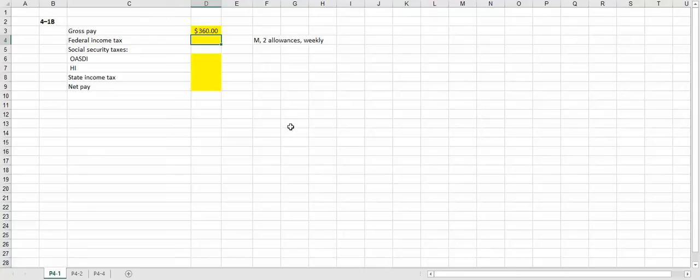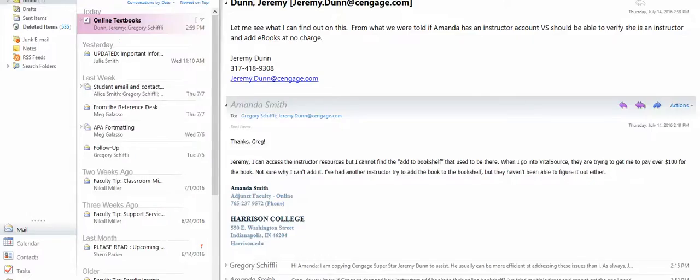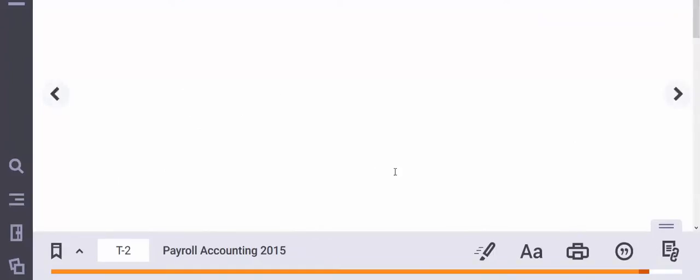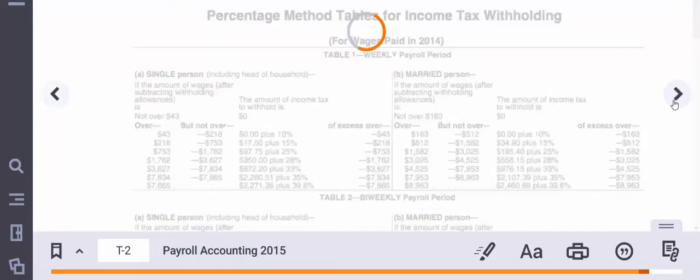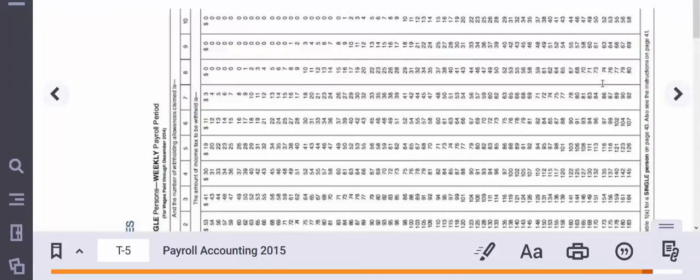For the wage bracket method, it's fairly straightforward. It's a lot easier than the actual percentage method. So for the tables that you need to look at for the wage bracket method, it usually starts around page 75. Let me check our current edition, to make sure it's about the same place.